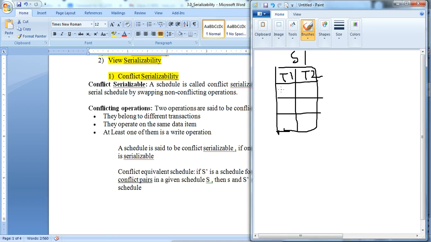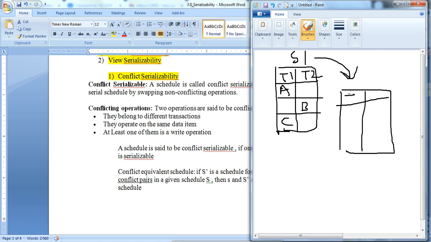If the operations are A, then B, and maybe C, and we convert this into a serial one, it looks like T1's A, then C, and then B. This is the serial schedule, and the other one is the concurrent schedule.